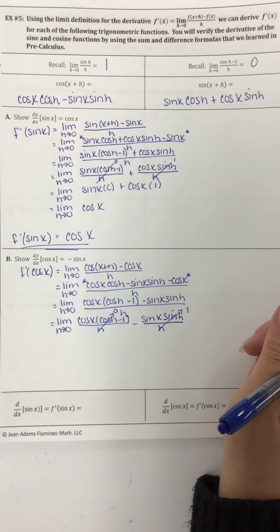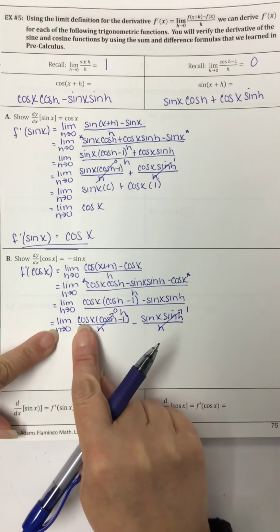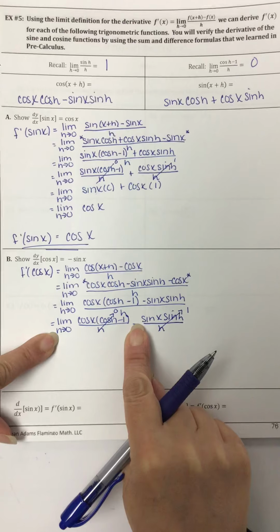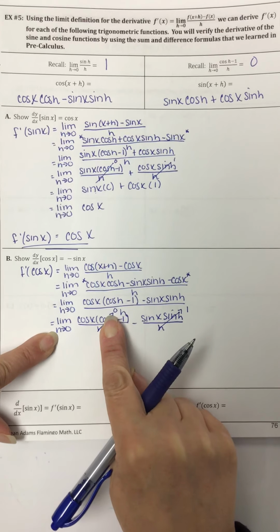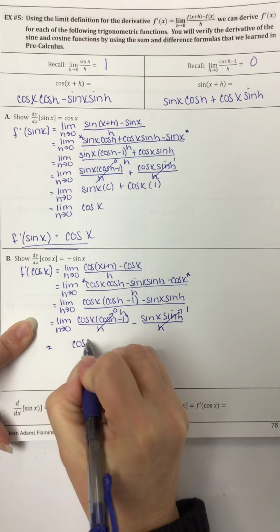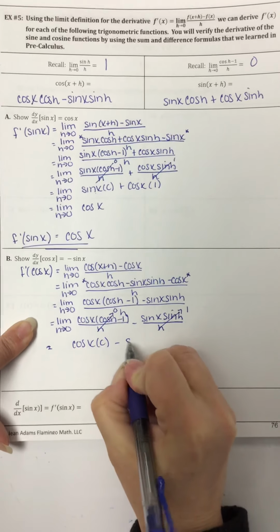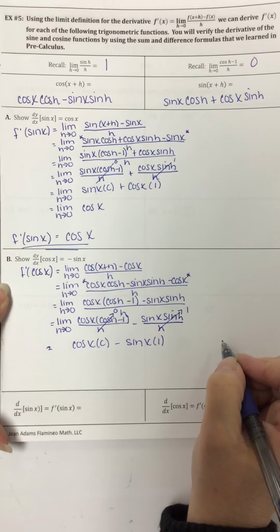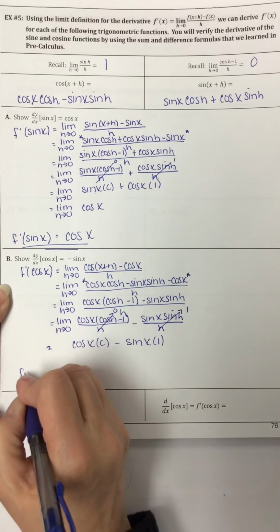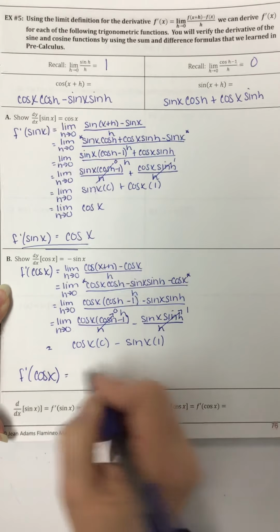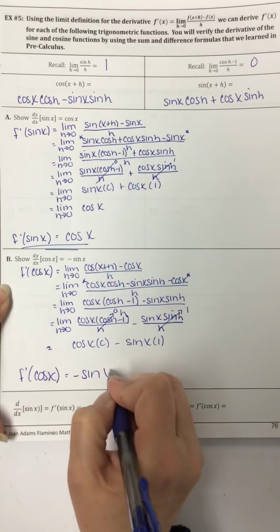Correct? And so here you're going to have cosine of x times 0 minus sine of x times 1, which would just give me the derivative of cosine of x equals negative sine of x.